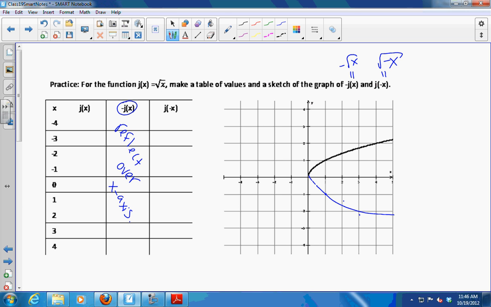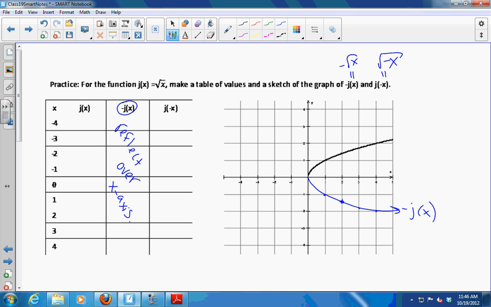That was terrible. There we go. So this one is negative j of x.